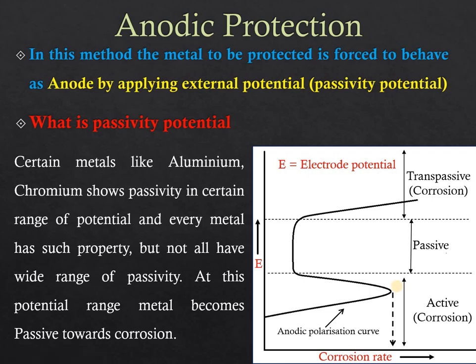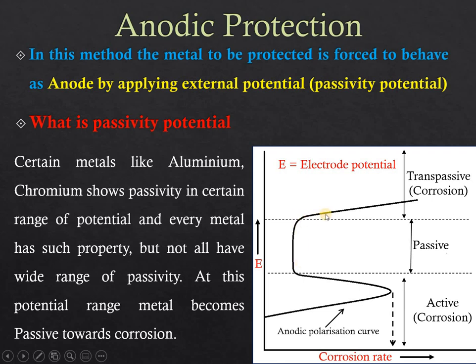After some time there is a decrease in the corrosion rate if you go on increasing the electrode potential, and you can see this range where there is no increase in the corrosion rate. This range is called the passive range of the potential, the passivity potential.